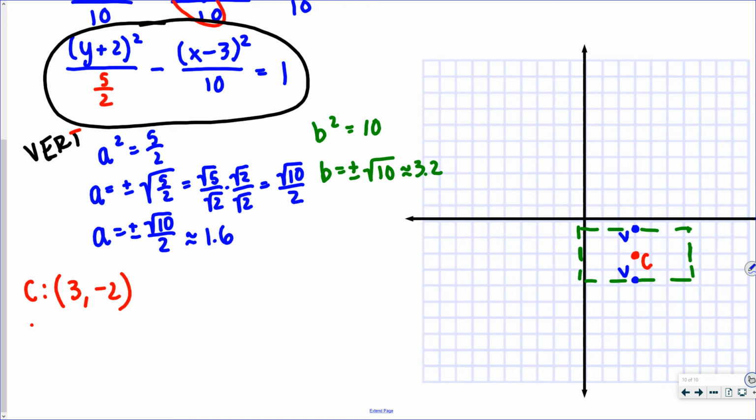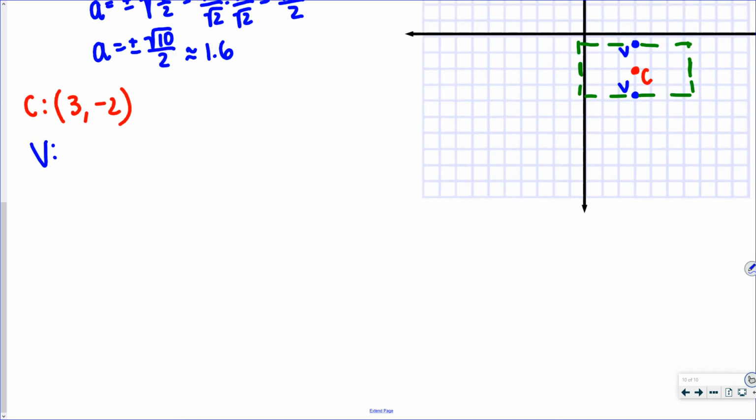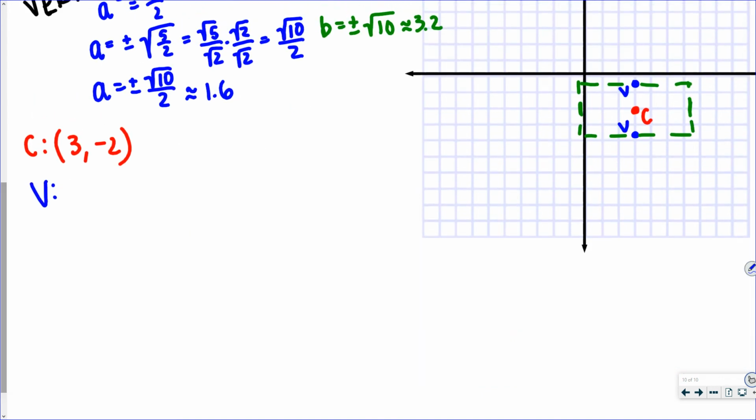Anybody want to try to give me the ordered pairs for the vertices? The x value is 3, and then it's -2 plus or minus the square root of 10 over 2.